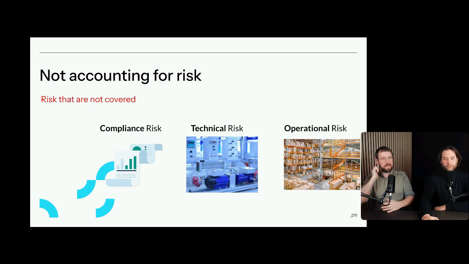The second is technical risk. So that will be something like heating and cooling installations, so HVAC systems, doors, gates, chargers, that sort of thing. And then you'd have operational risk, which is the thing that we often see people use too little time on.